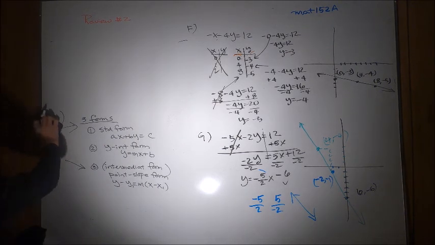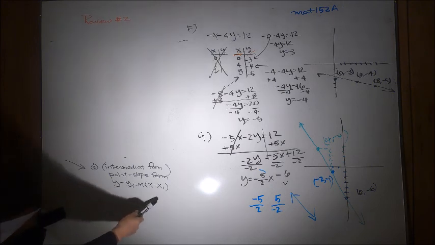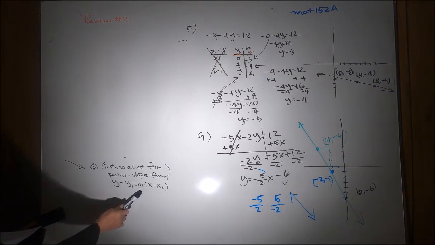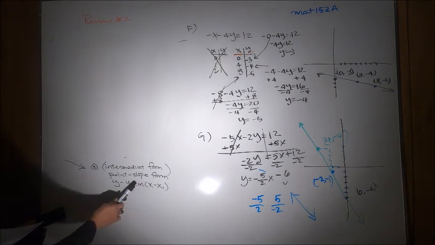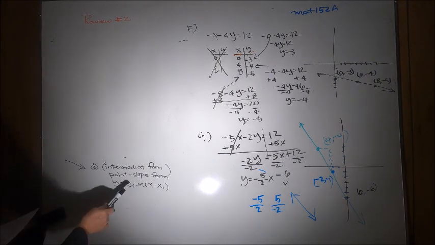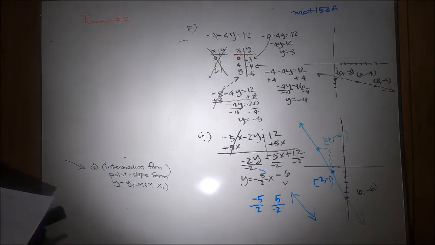Or we give you 2 points, then you should be able to write the equation as well, right? Because you can use 2 points to find the slope, then use one of the points to plug in to write your equation, right?